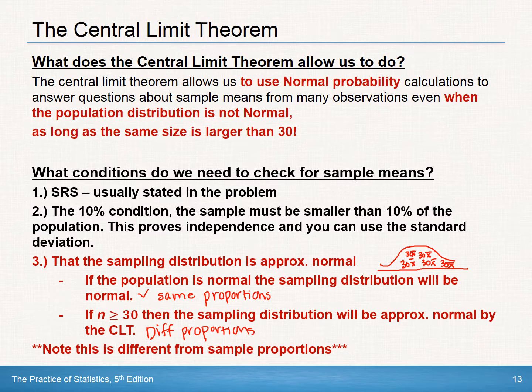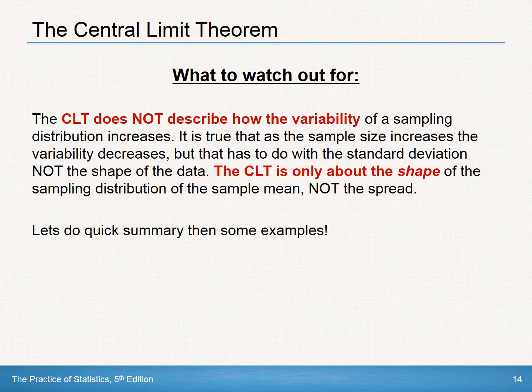We had to say that our sample size times the probability of success was greater than or equal to 10, and the sample size times the probability of failure was greater than or equal to 10. They are two completely different things, okay? This is like a scale where it balances out the successes and failures and makes it approximately normal. Only use the central limit theorem with means. It does not apply to proportions.